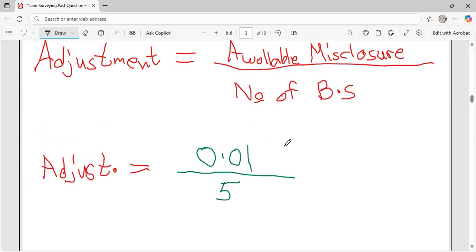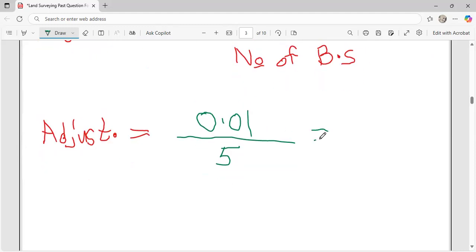So let's quickly punch this into the calculator and see what we are going to get. Let's all do this together. 0.01 all over 5 is equal to what? You are going to get 1 over 500.